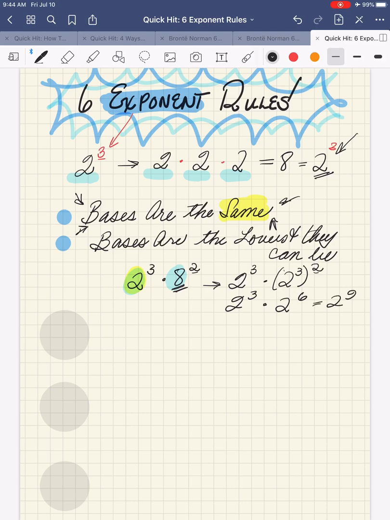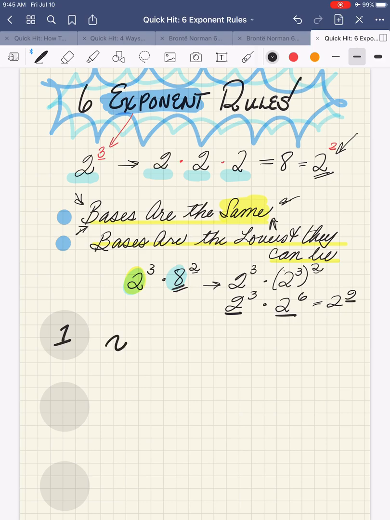So our 2 conditions have to be met: our bases are the same, and the bases are the lowest they can be. Now we get to the rules, which I've already briefly previewed in that example. The first rule is if I'm multiplying like bases, for example 2 to the third times 2 to the sixth, I add the exponents, 2 to the ninth.